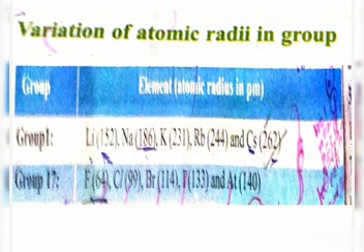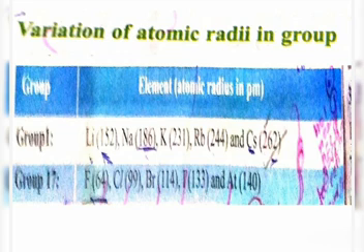Atomic radius is the distance from the center of the nucleus to the outermost shell. In hydrogen, which requires one shell, measure the distance from the nucleus to that shell. Next, lithium requires 2 shells; measure the distance from the center of the nucleus to the second, last shell.